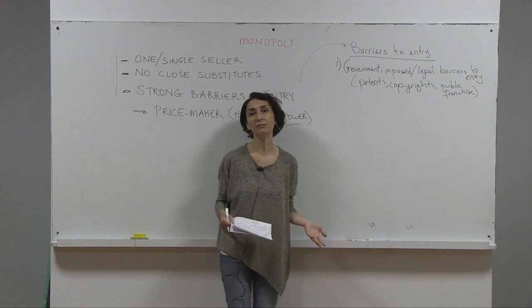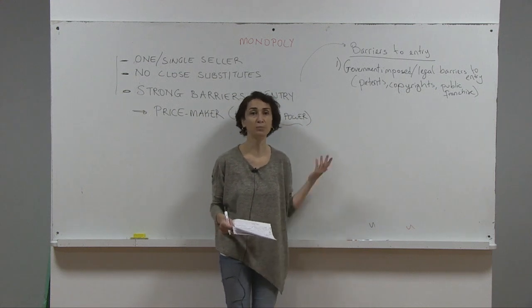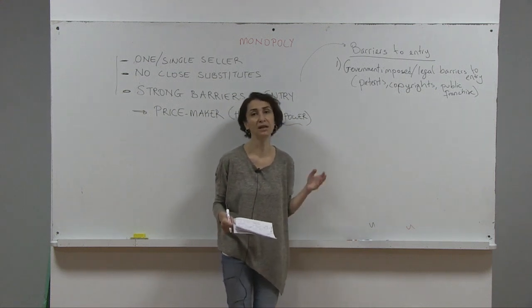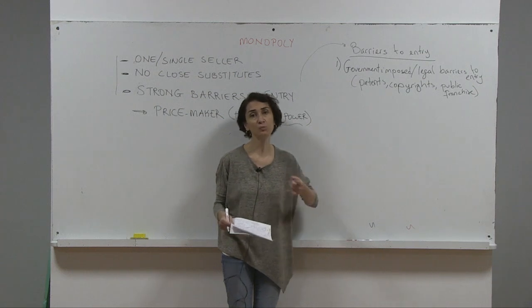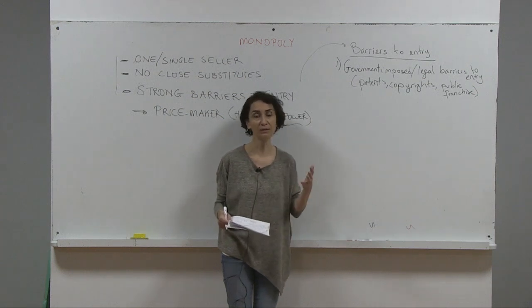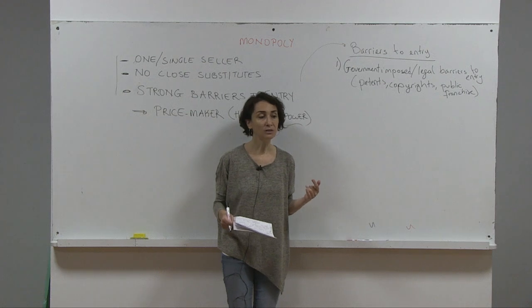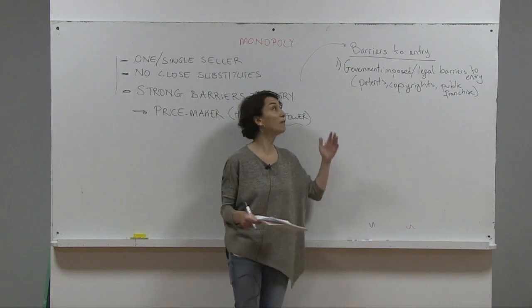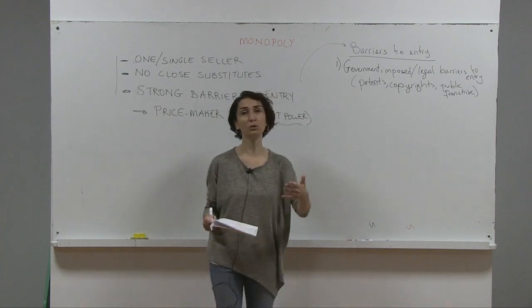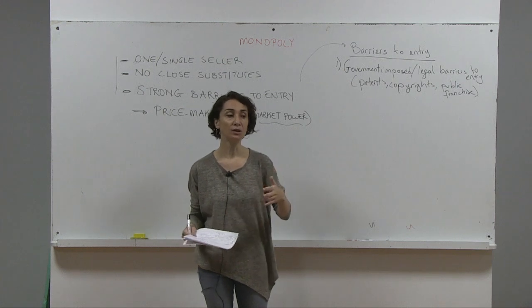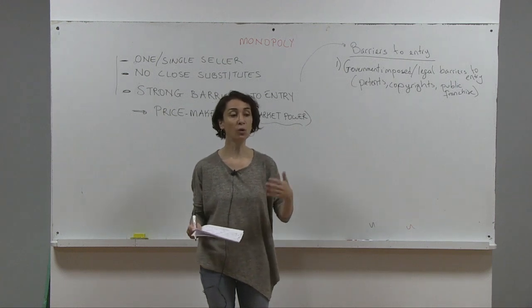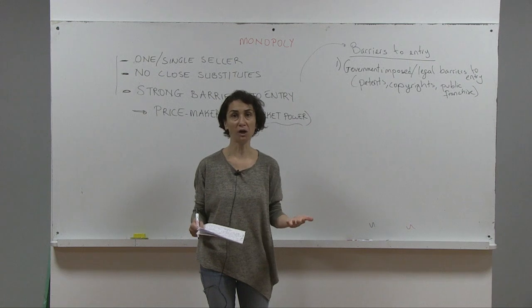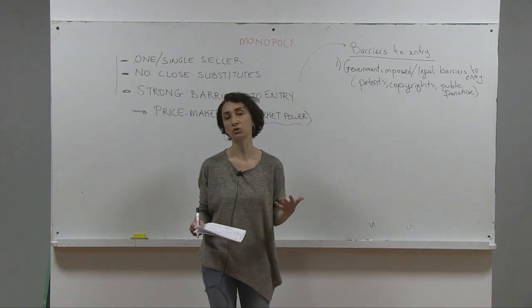In Turkey and in many countries today, in public utilities, for instance, electricity in Ankara is produced by a single company, right? And there are various reasons for this, but in return, the government, when giving this monopoly, could ask certain conditions to be met as well to protect the consumers.